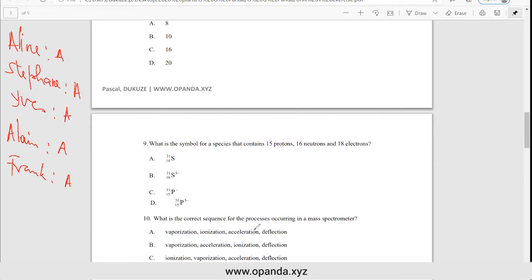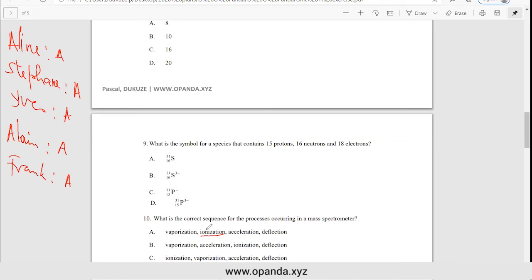So the sample is ionized. Then in the acceleration chamber, the positive ions move rapidly through the machine at a high and constant velocity.